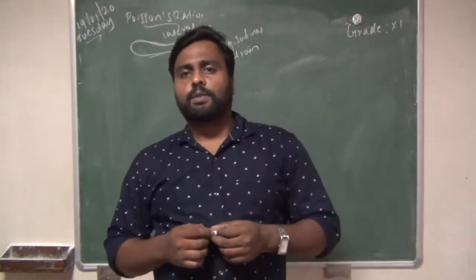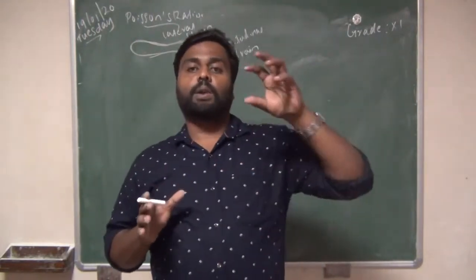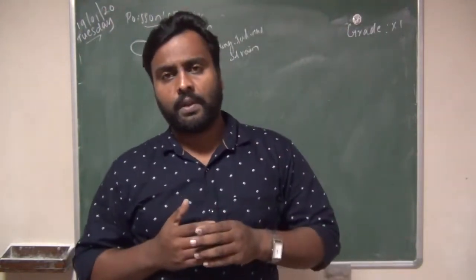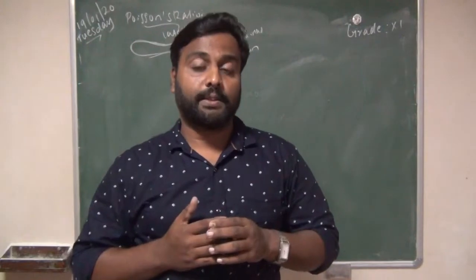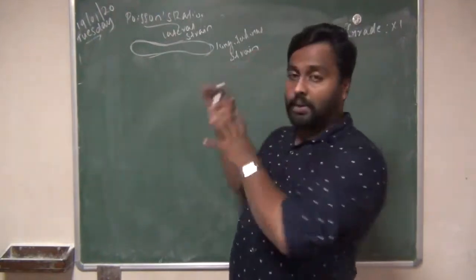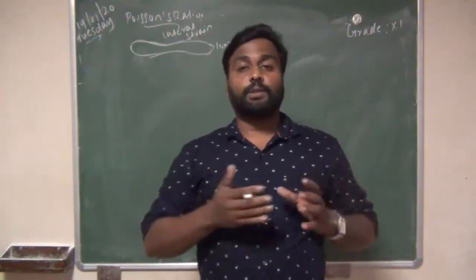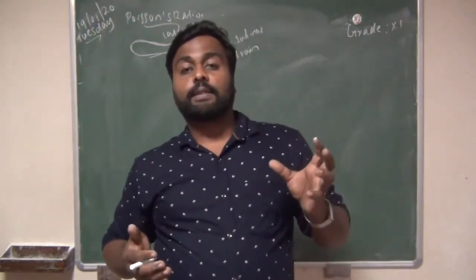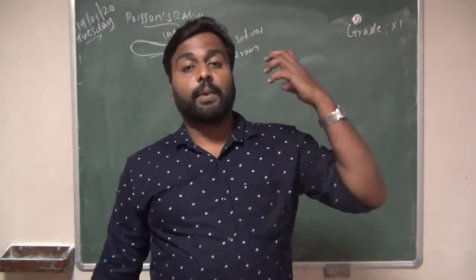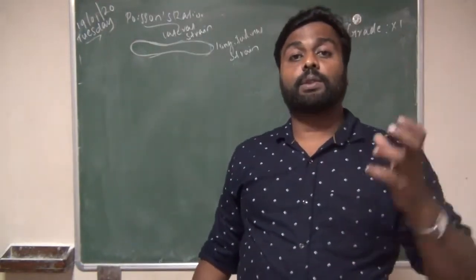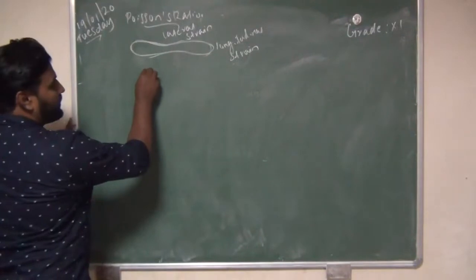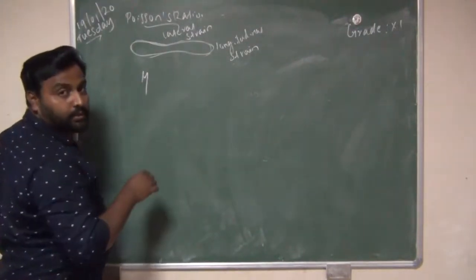Now, to quantify this, a French scientist, S.D. Poisson, developed a ratio. That is what we call Poisson's ratio. He found out a ratio, and the symbol for Poisson's ratio is mu.